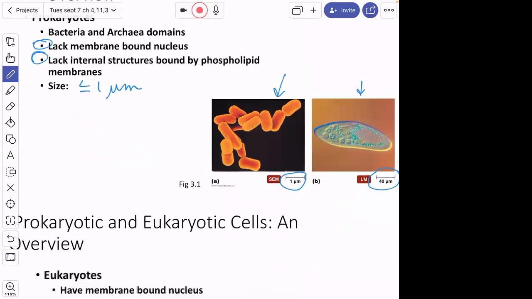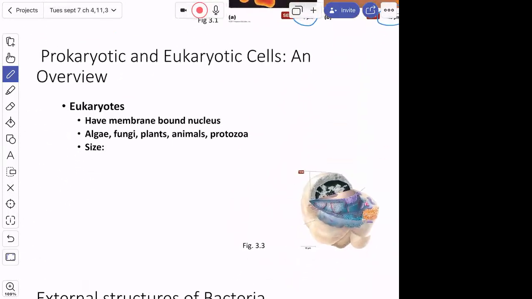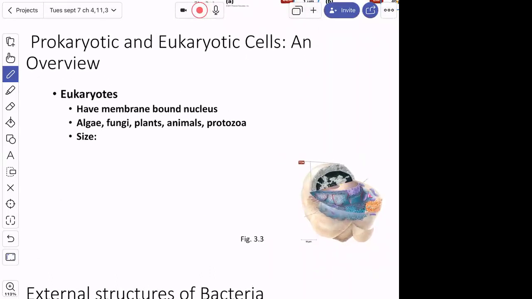A typical eukaryotic cell, of course, has a membrane-bound nucleus and membrane-bound organelles. We're talking about algae, fungi, plants, animals, protozoa. There is a difference between algae and plants. Algae are not just plants that live in the water. We'll mention that, but we're going to really focus a little bit more.